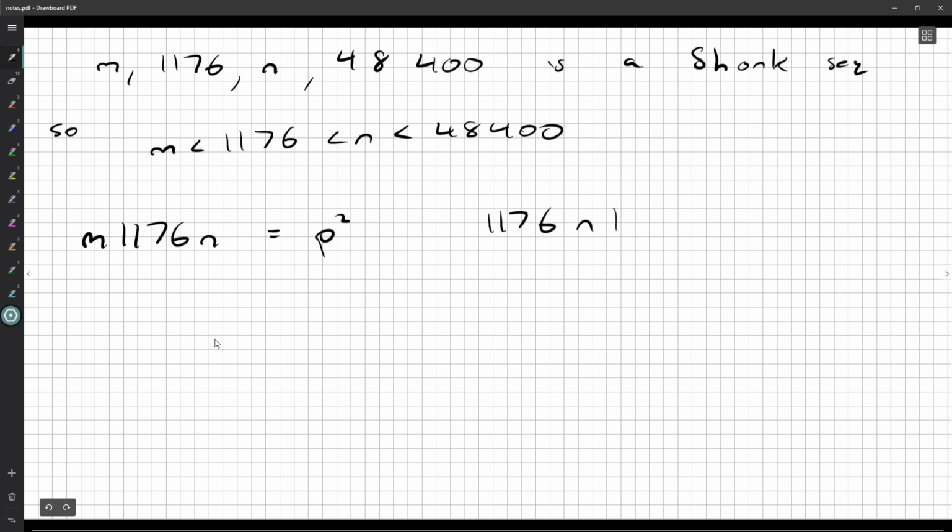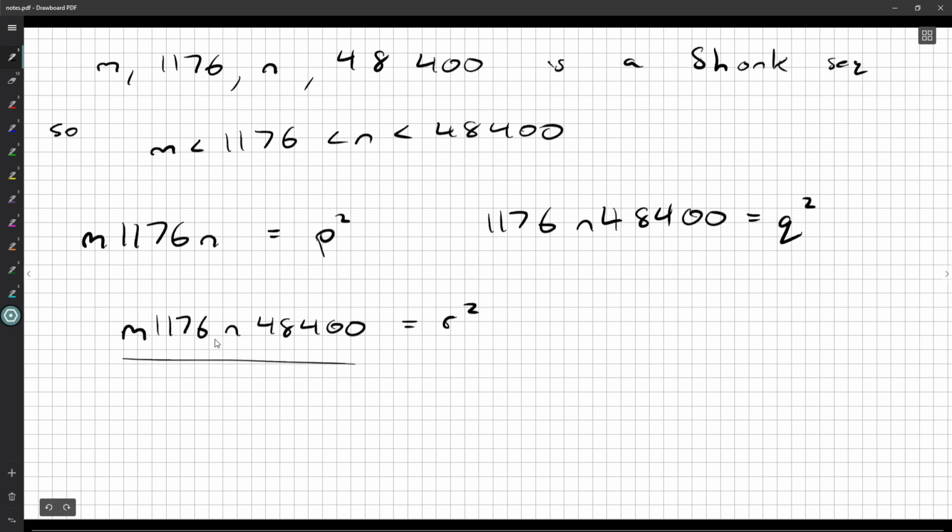And then if we bring in, I think N will probably be the first thing to focus on. If we multiply all these, we'll get another perfect square. Maybe call it Q squared. Okay. Now, we also know that M176N48400 is another perfect square. Maybe call it R squared.